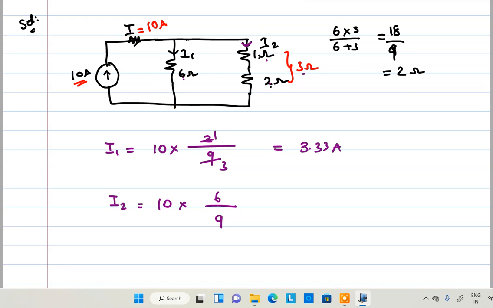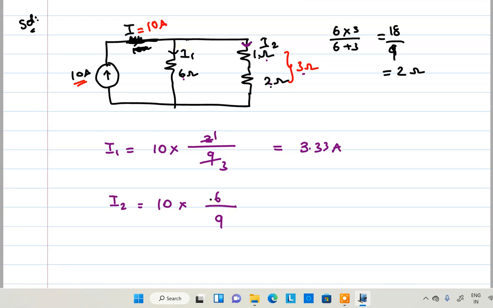One of the students asked the doubt: is this 10 ohms considered in the current division rule? No, because the total current is flowing through this 10 ohm resistance. It is not responsible for the division of current, so the 10 ohm resistance should not be considered in these calculations. Only consider where the current is divided, right?